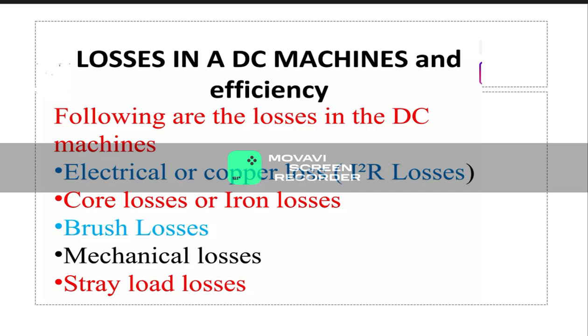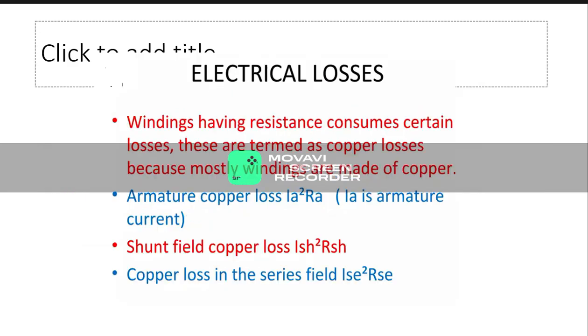First we will deal with the copper loss, that is the I square R loss, also known as variable loss, which depends on the load conditions. The copper loss or I square R loss will be varying. Where does this armature copper loss occur?